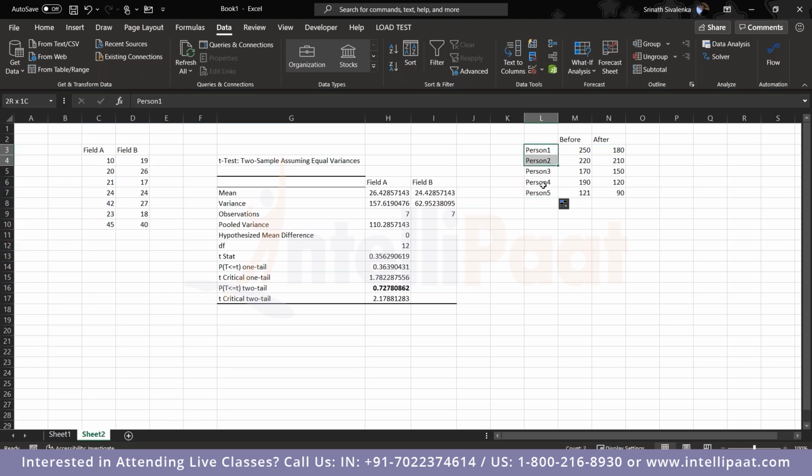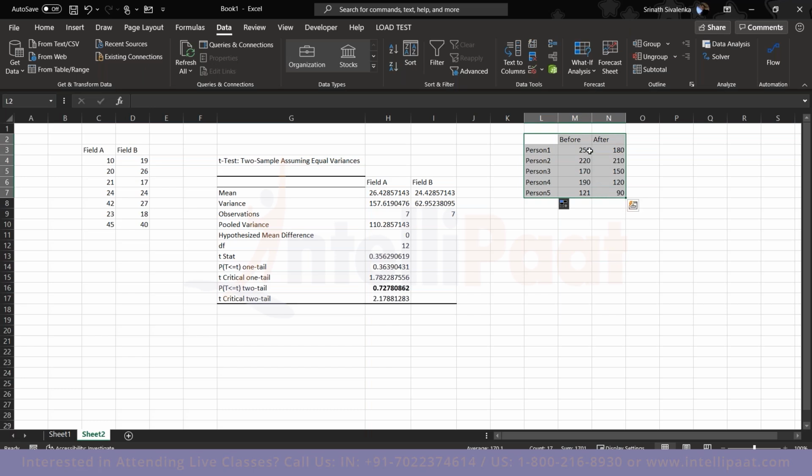So 5 people who did the test before taking a medication and after taking a medication, and we've captured their blood glucose or random sugar levels. Now I'd like to identify if there is a significant difference before and after taking the medication.